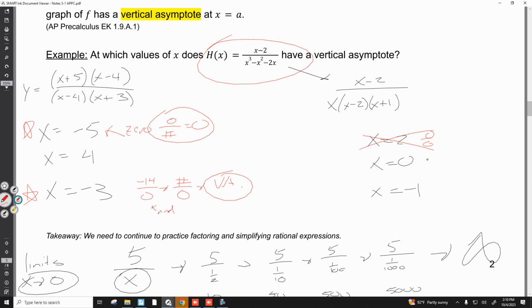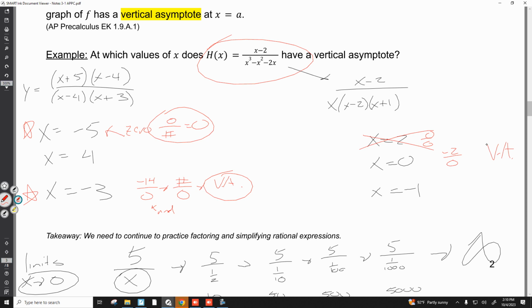Well, we saw it, and we're going to investigate it. Yes, it's the hole. We're going to investigate it, but if we're talking about just vertical asymptotes, if I plugged in 0, I'd get -2 over 0. Okay, boom, check. If I plugged in something close to 0, I'd get -2 over something close to 0, which would produce something very, very large and either positive or negative.